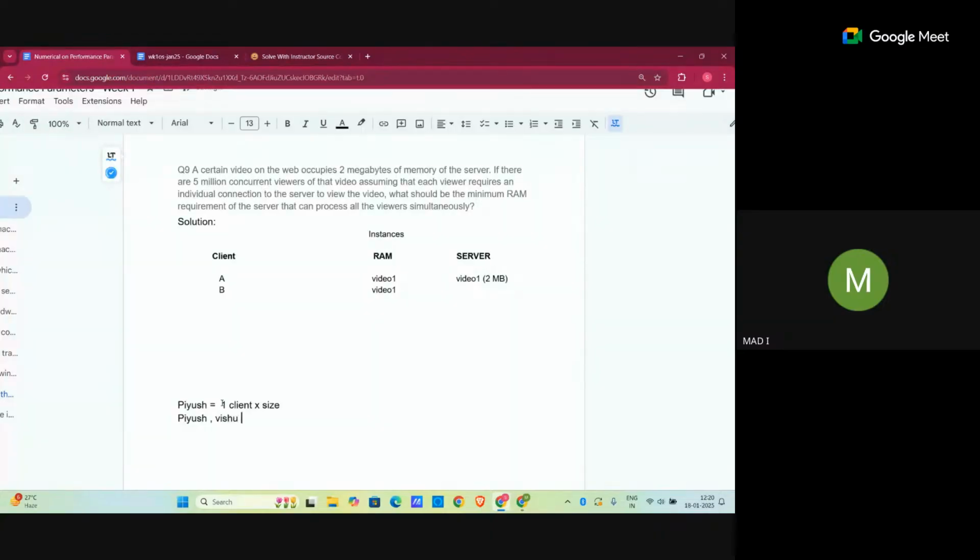So now two instances will be created. So what will be the RAM requirement? Two clients multiplied by the size of that video.